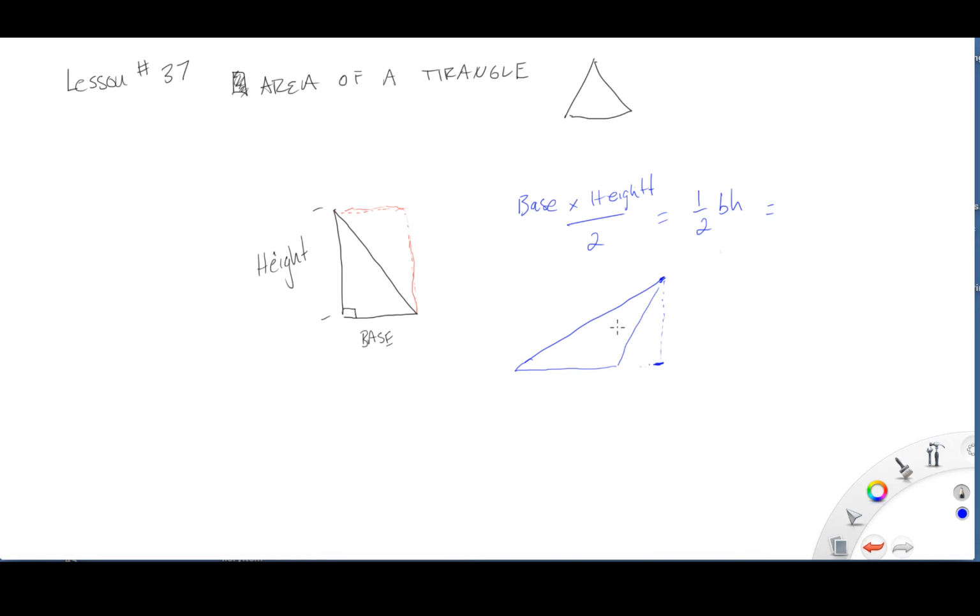This triangle is still 1 half base times height, even though it looks like it's missing more than it is. Because you can also get the height of this, which we're not going to do until geometry. But if we know the height and we know one of the bases, we can divide by 2 and we will be able to find the answer to that.